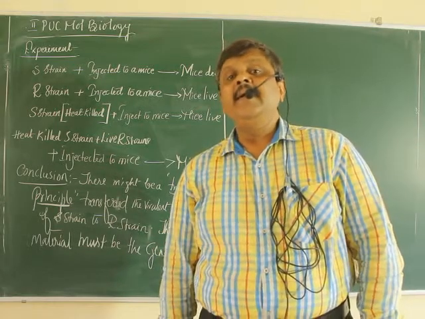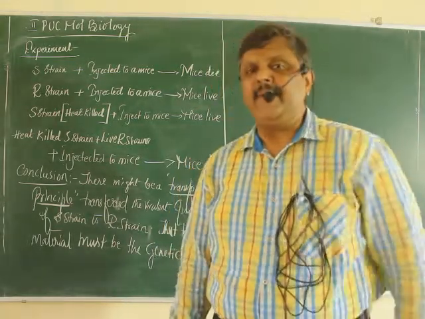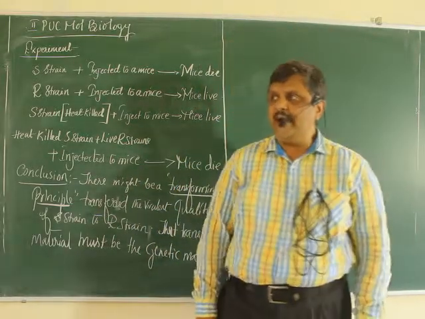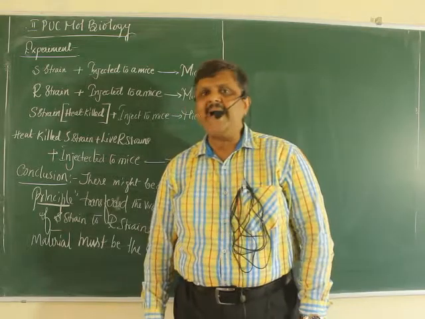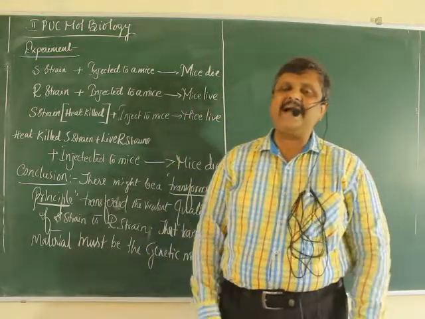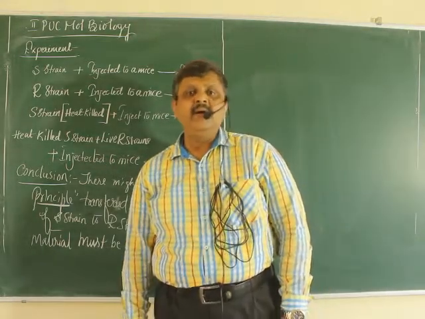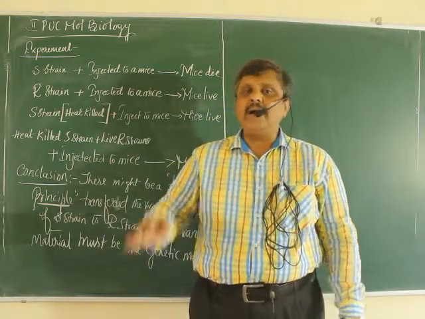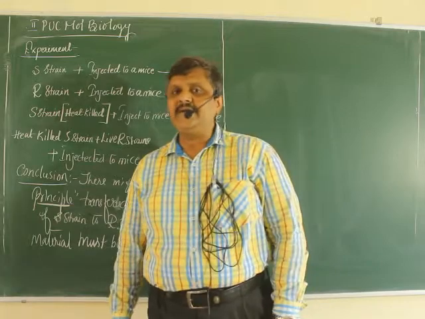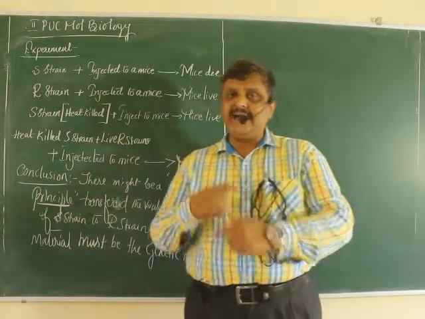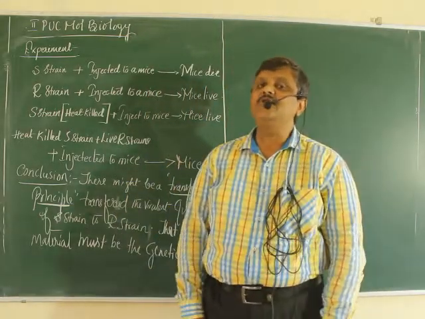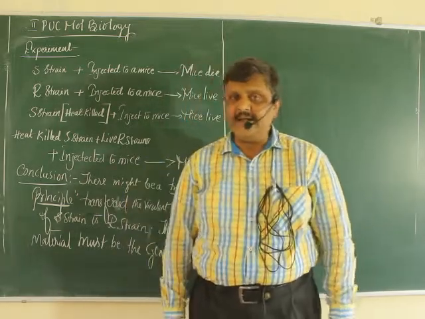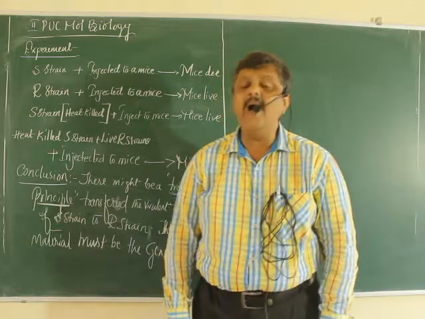Then you should explain the experiment. In the first setup, he took S strain and injected it into the mice. Obviously, the mice were attacked by pneumonia and died. In the second set of the experiment, he took R strain, obviously non-virulent, and injected it into the mice, and he observed that the mice lived happily without any infection of pneumonia.